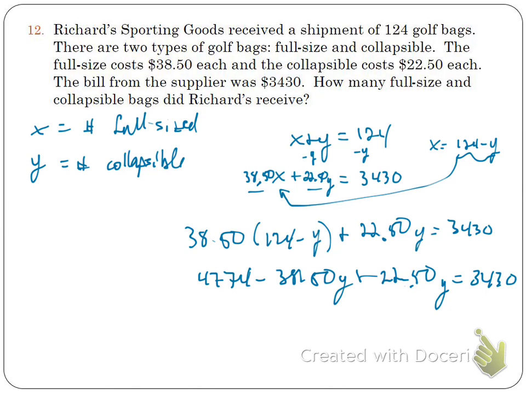Then we combine our like terms. We get 4,774 minus 16y equals 3,430. Subtract the 4,774 from both sides.